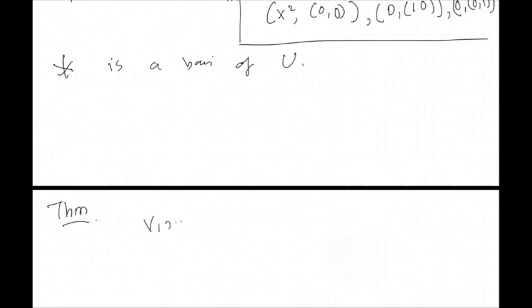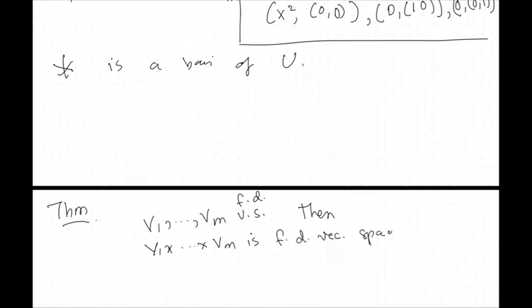If V1 to Vm are vector spaces, of course finite dimensional, then V1 cross up to Vm is also a finite dimensional vector space, and the dimension of V1 cross up to Vm is just equal to the dimension of V1 plus up to the dimension of Vm.